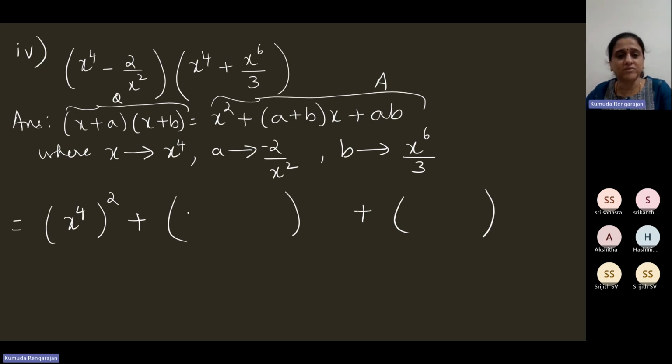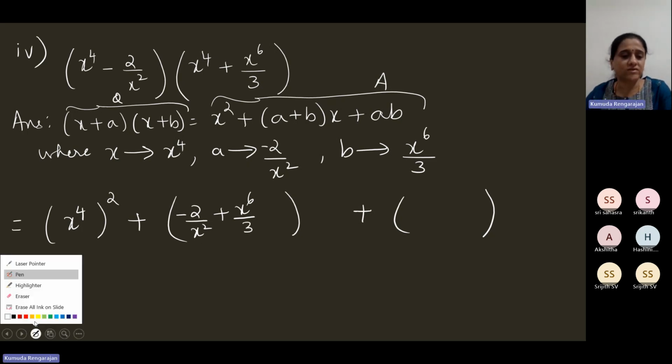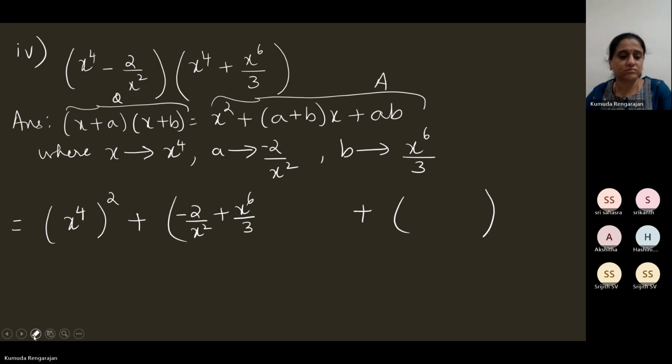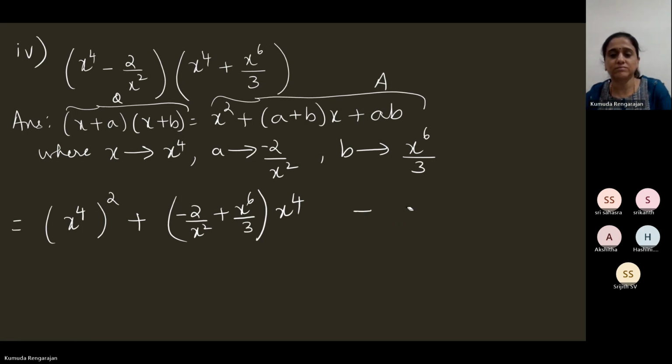Then a + b: minus 2 by x square plus x to the power 6 by 3, of x, plus ab, minus 2 by x squared into x to the power 6 by 3.